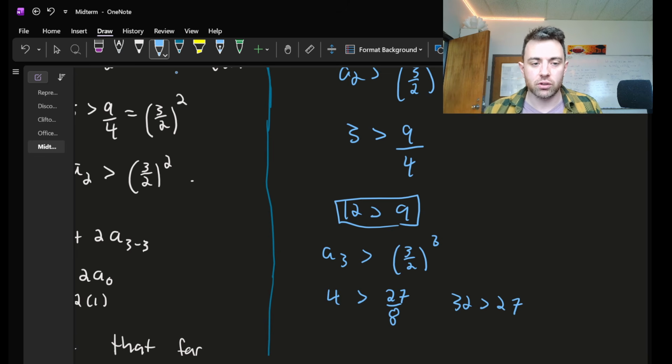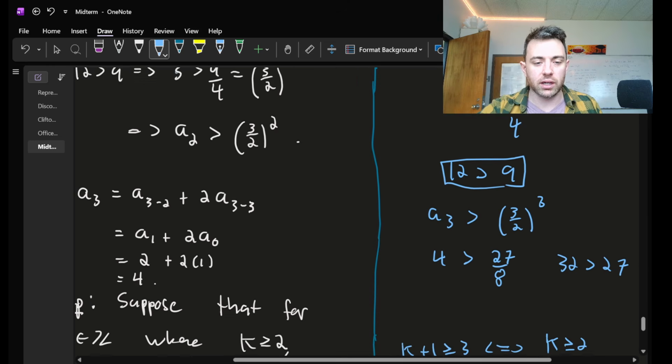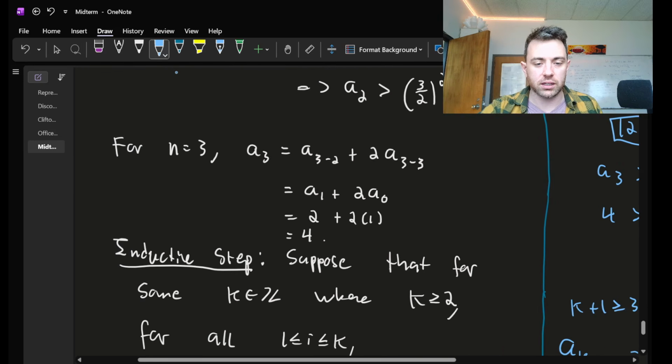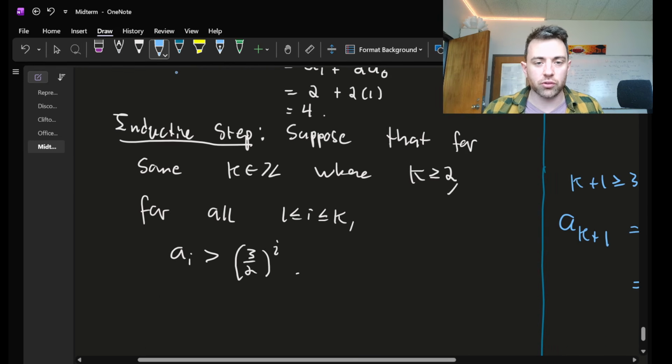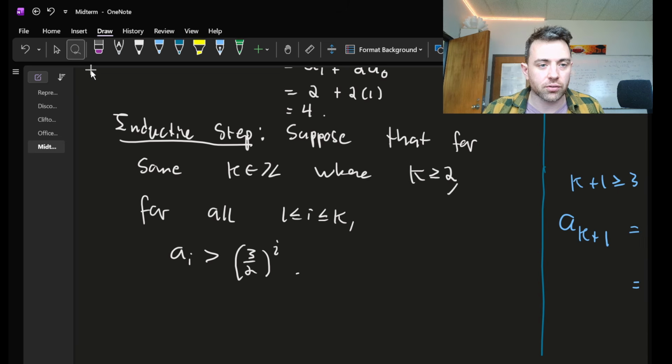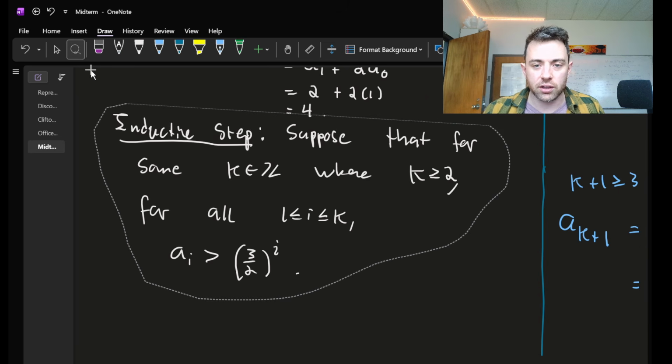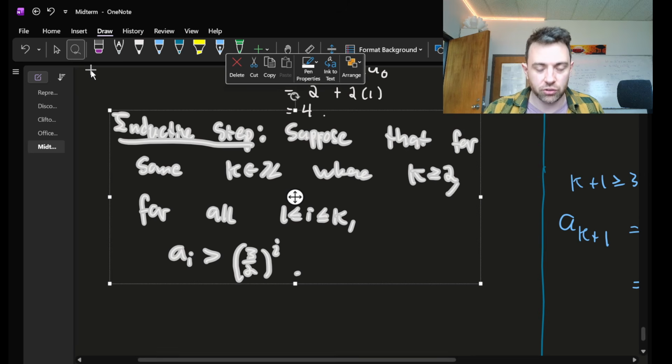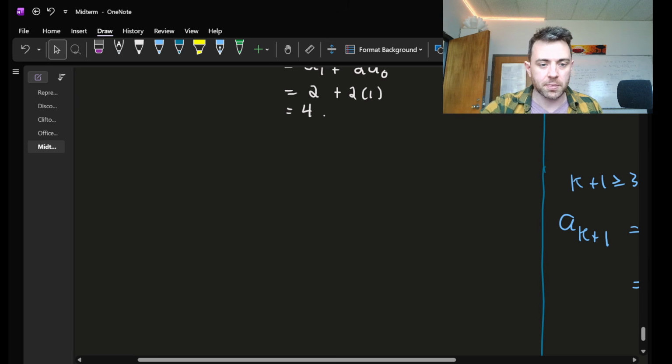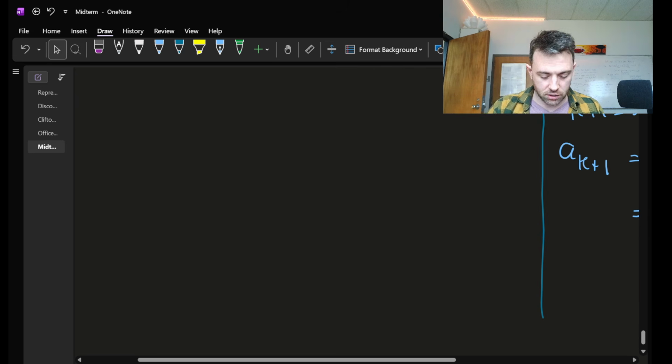Bigger than 27. So again, if this was the midterm, I would erase and move this down. Thankfully, I have this cut and paste tool, so I'm just going to cut and drop it down a little bit.